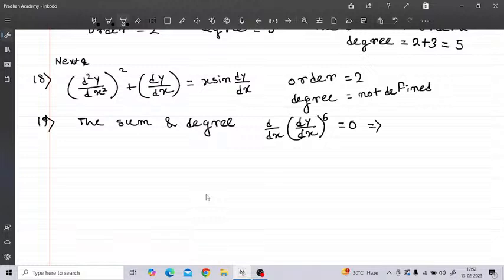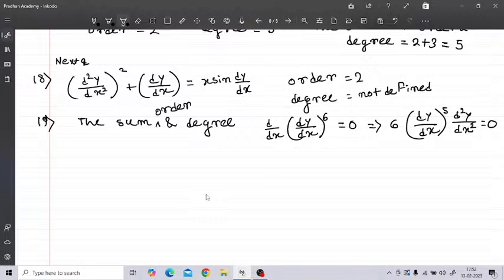It will give us 6 dy/dx, 5 d²y/dx² equals to 0. Here the question will be the sum of order and degree. Order is 2, degree is 1.